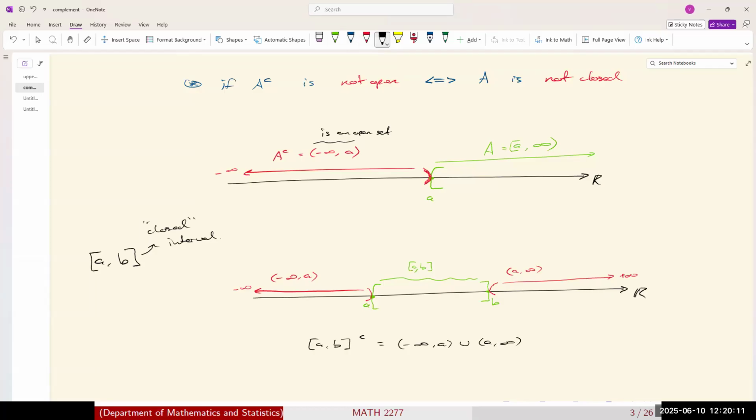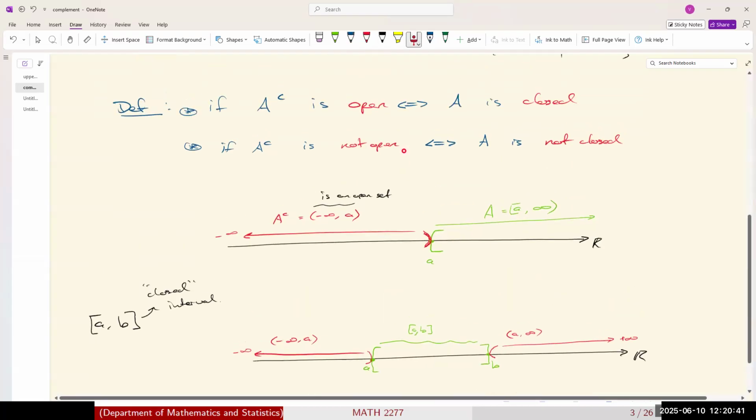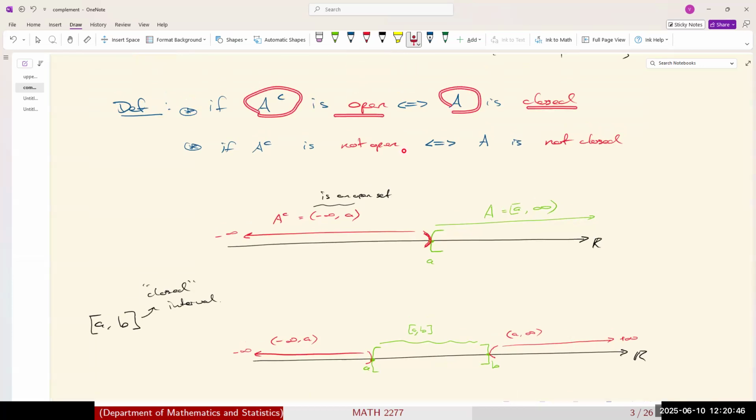And we showed yesterday that the union of open sets is open. So I write it below: this is open and this is open, right? Open intervals are open sets. And we know that once you are unioning open sets, you are guaranteed to get an open set. So this set is open. Okay, so the complement is open, therefore the original set is closed.